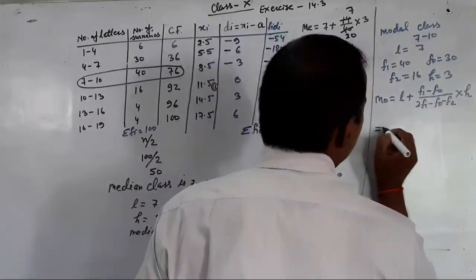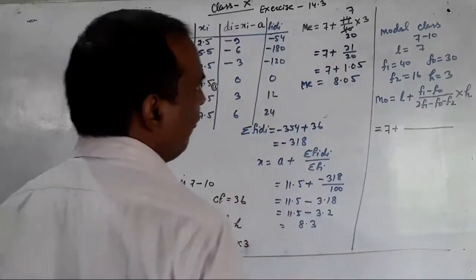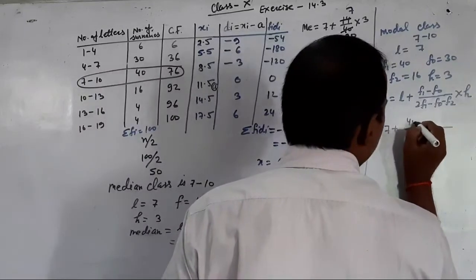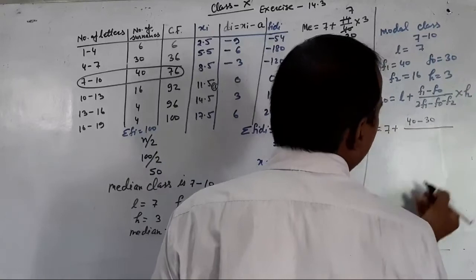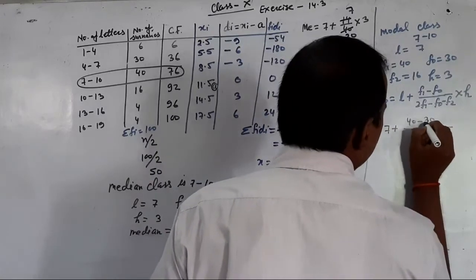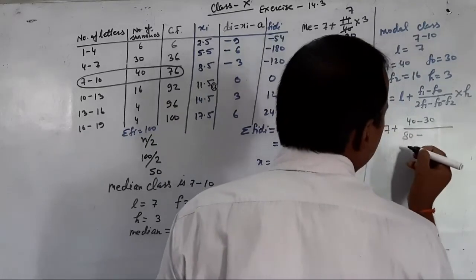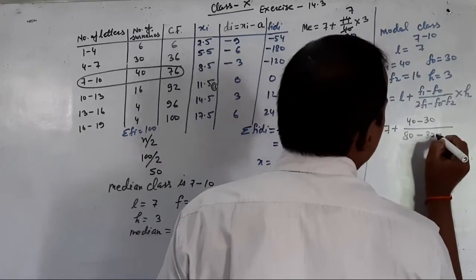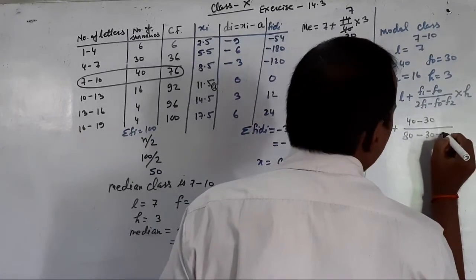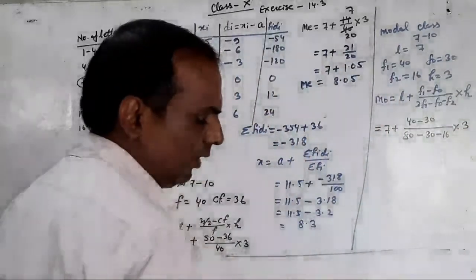So L equals 7 plus f1 here 40, and f0 30, 2f1 it means 2 40s are 80, minus f0 which is 30, and f2 equal to 16, into h equal to 3.